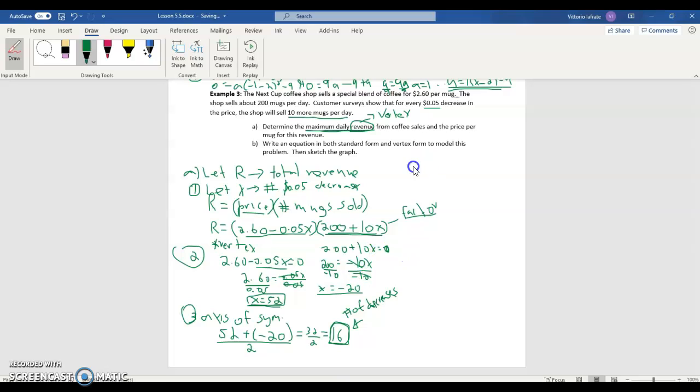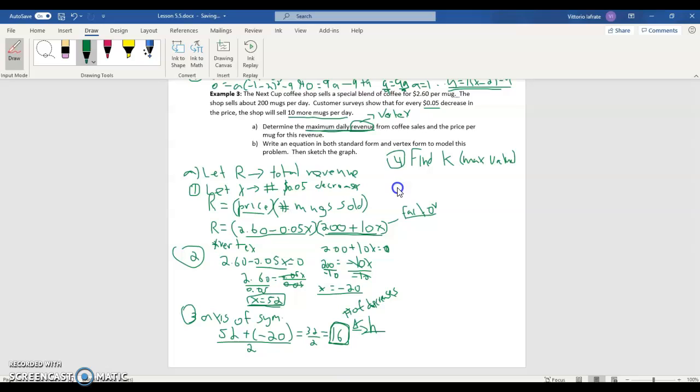What is that maximum value? Well, let's figure that out now. We found this here was our H in the vertex form. That's your axis of symmetry. The axis of symmetry is always your H. So now using your H, find K, which is the max value. We really just need to plug the 16 into our equation, and then we can find our K, our max value.